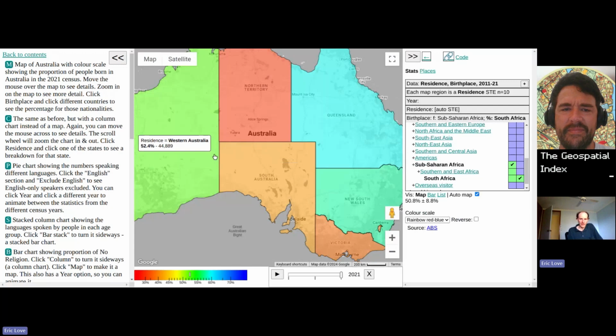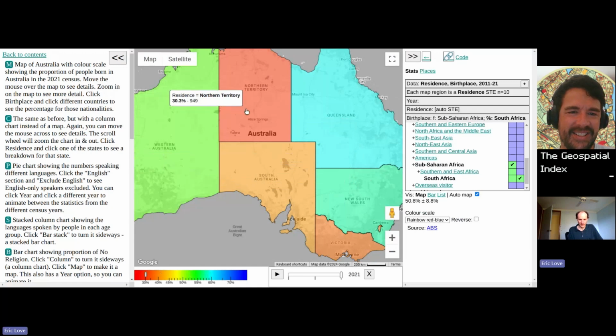Now the denominator is people from sub-Saharan Africa, and the numerator is people from South Africa. So we find in Queensland and New South Wales that the majority of the people from sub-Saharan Africa are actually from the country of South Africa. Okay, so 60%. That's a different proportion.